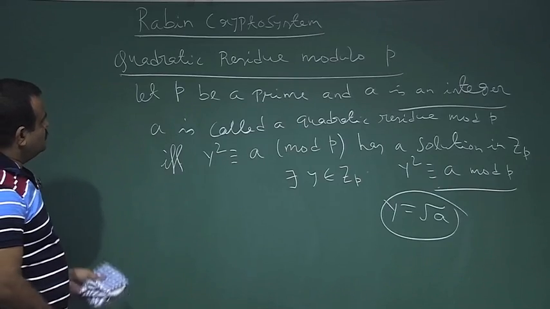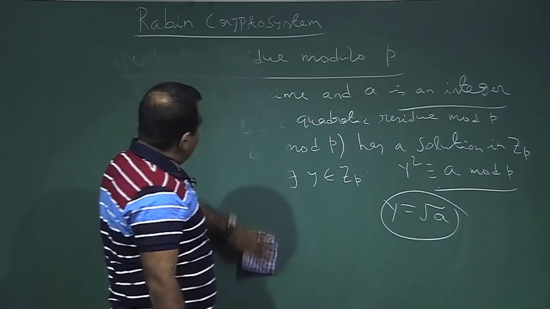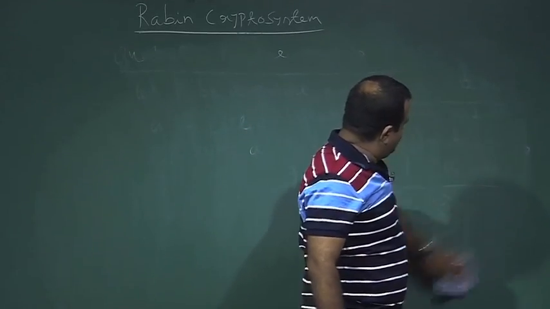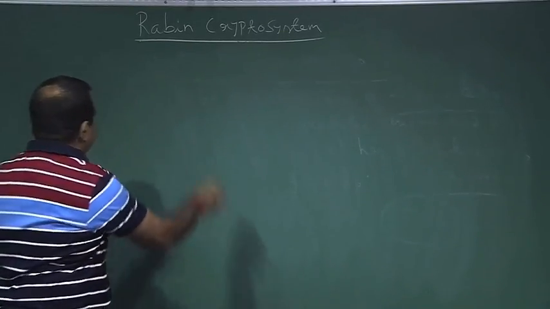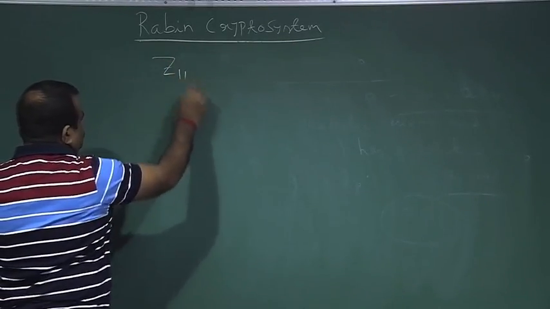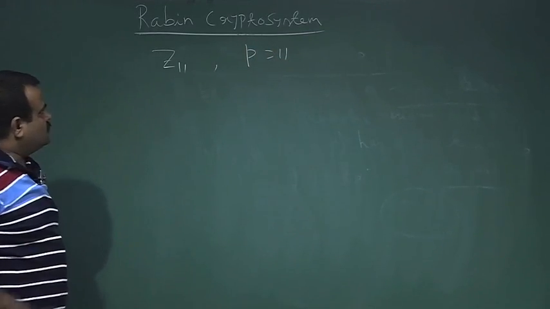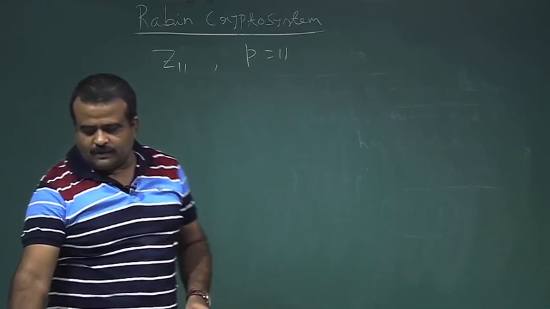We have seen this, and now let us take an example. Suppose p is equal to 11, then what are the integers that are quadratic residues mod 11? So we are talking about Z_11, and y must belong to Z_p. We take the possible y.